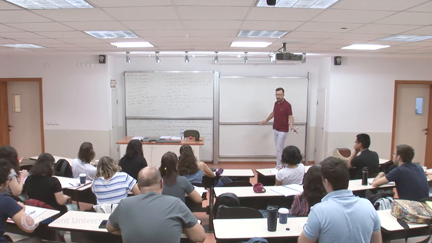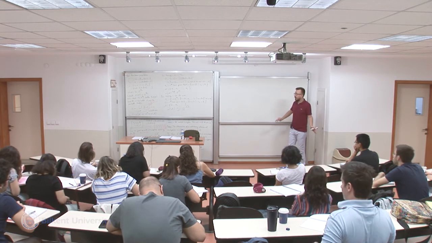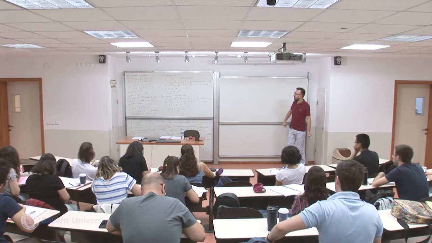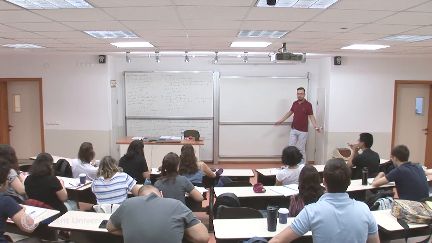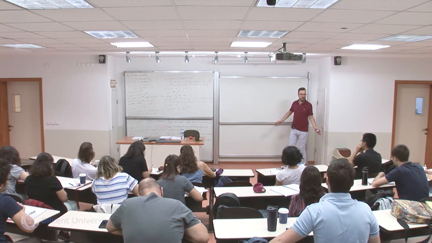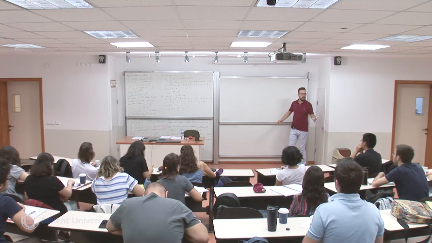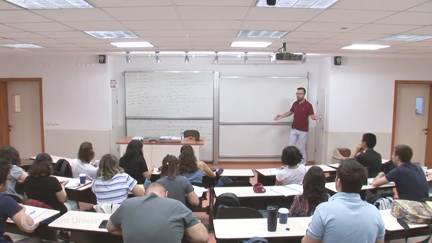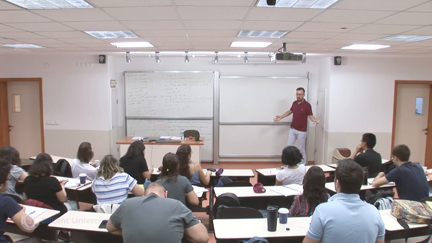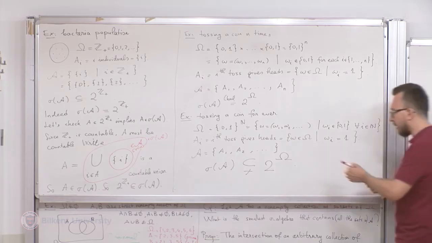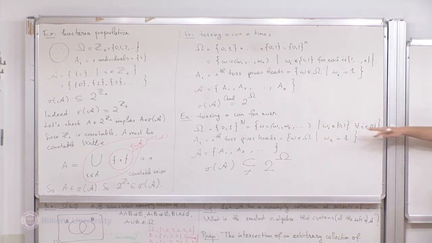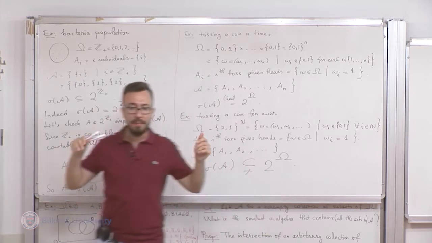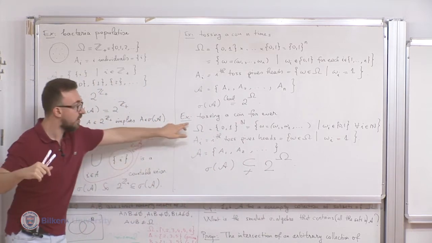This is not a trivial result. We cannot check it just like we did the bacteria example. So we're not going to do it. But I just want to warn you that intuition does not always work very well. Sometimes you have counterintuitive results. So this is one of the cases. Another counterintuitive thing about this was that this set omega is uncountable. Remember from last time? Omega here is uncountable.